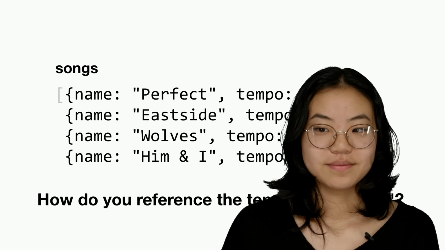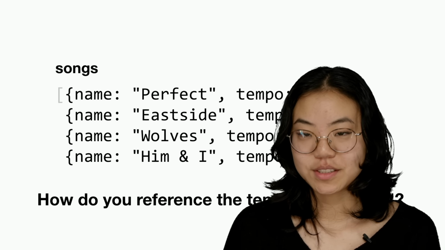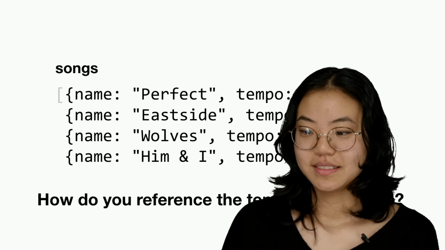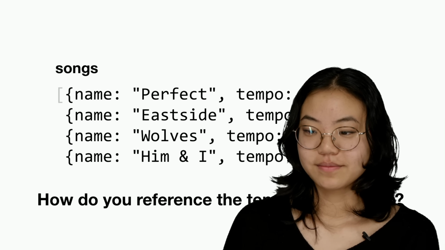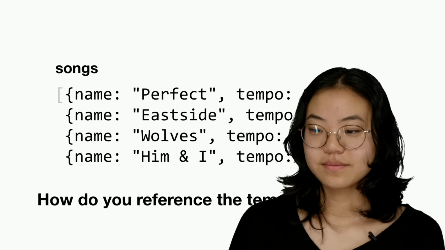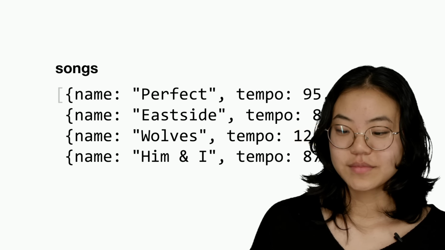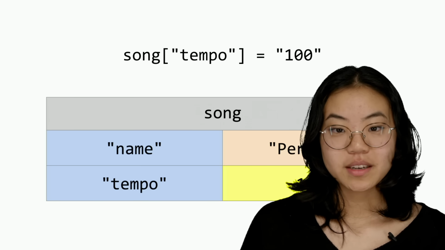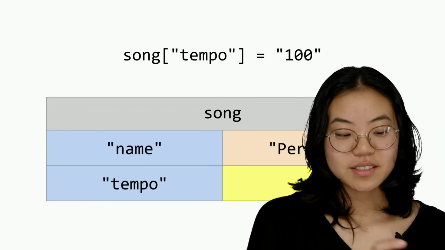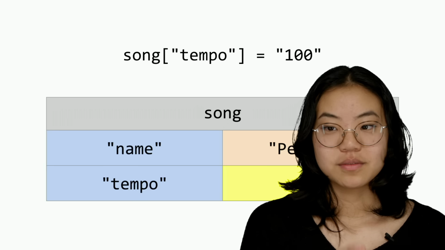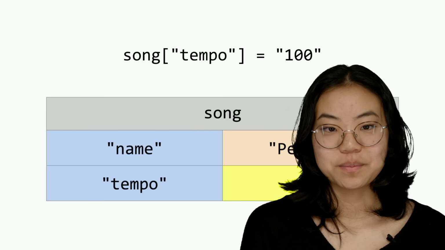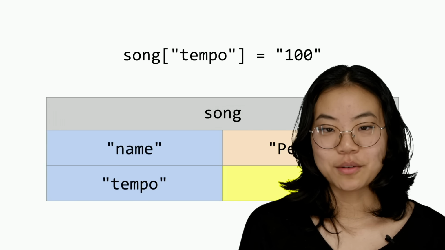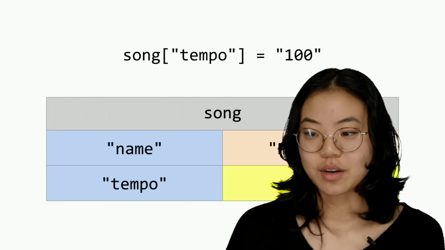Any questions about that? So just like before, rather than song being our dictionary, songs at index 2 now acts as our dictionary name. So that's how we have these 2 square brackets.